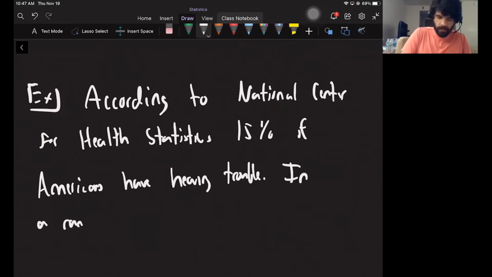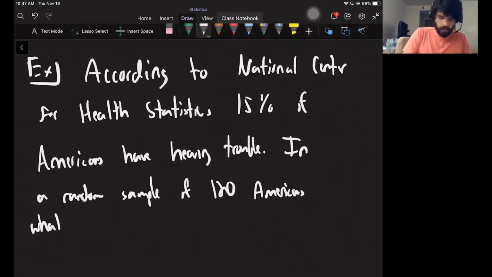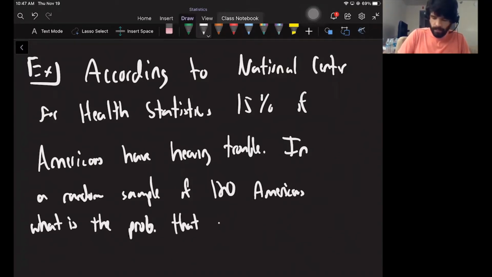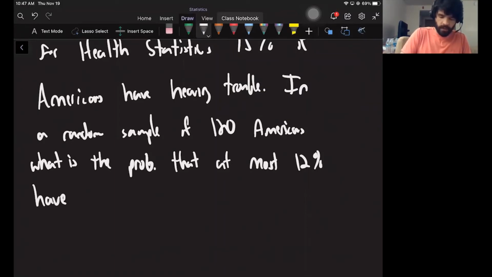So in a random sample of 120 Americans, what is the probability that at most 12% have hearing trouble?